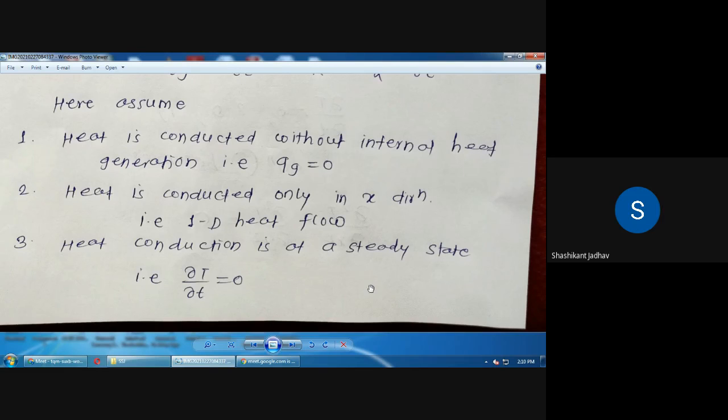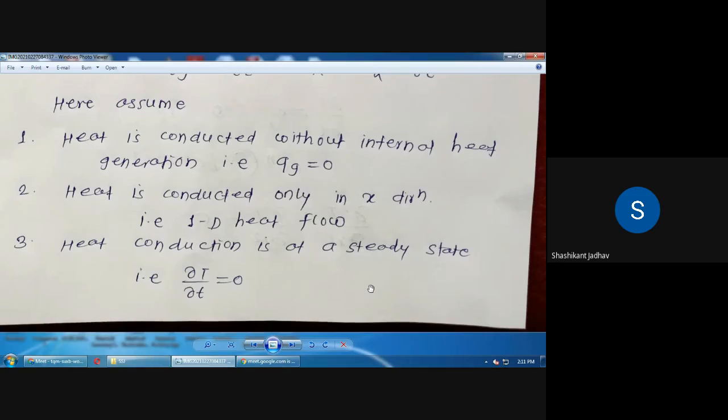By using these assumptions, we have to solve that particular equation. Our aim is to calculate the equation for the heat transfer through the plane wall, the equation for Q for the plane wall. Have all of you written this part? Shall I proceed?